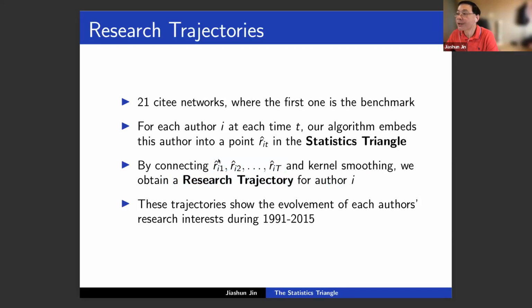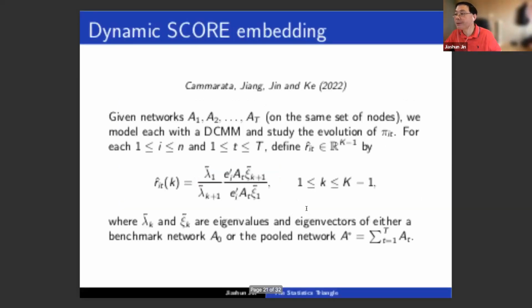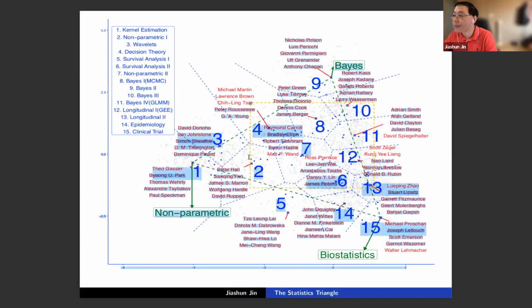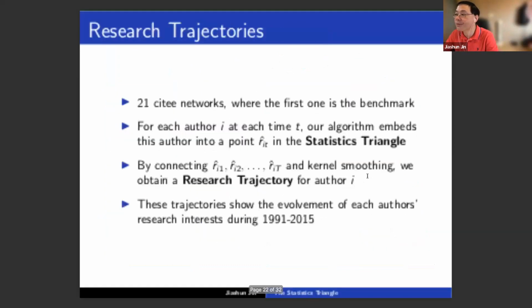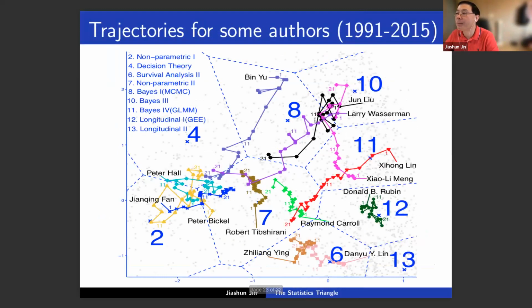To show the trajectory, let's go back a little bit to this figure. Please pay attention to this yellow dashed box. For visualization, I'm going to zoom in to this yellow box. So this figure is a zoom-in of this yellow box. Now we have the trajectories of a handful of authors.